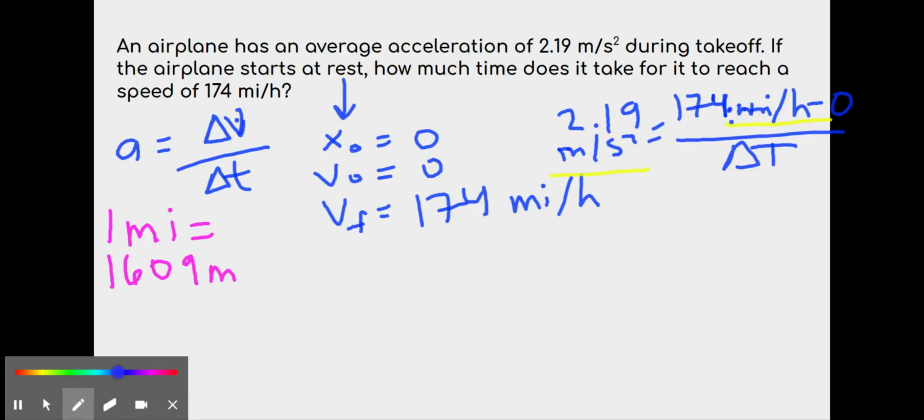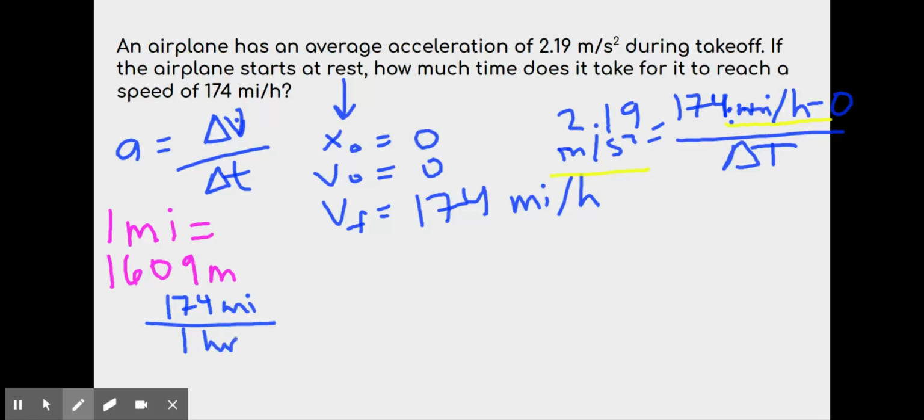And I will do this for you. So we have 174 miles per 1 hour. I'm going to convert hours to seconds first. And I know that in 1 hour, there are 3,600 seconds. So that gets rid of hours, and I have seconds. And you could have done hours to minutes, minutes to seconds. That's fine too. Then I need to convert miles.